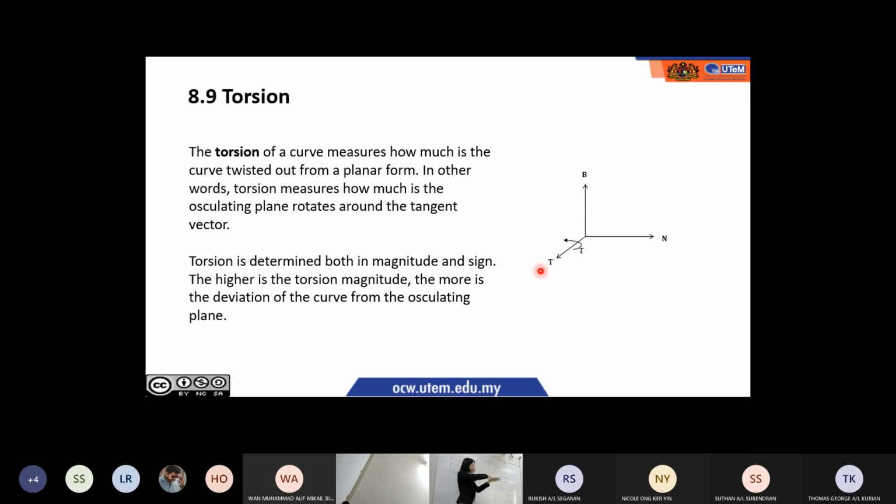When the osculating plane rotates, the torsion value will be different, and in different directions it will have different signs. So the torsion is determined both in magnitude and also the sign. The higher the torsion magnitude, the more the deviation of the curve. So when the osculating plane rotates more, that means the torsion has a higher value.